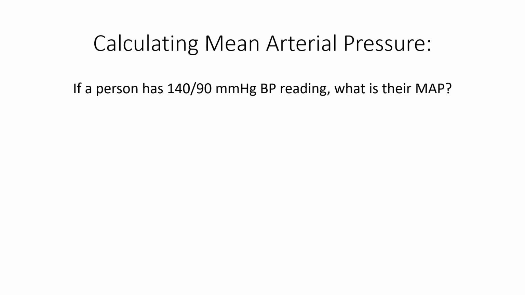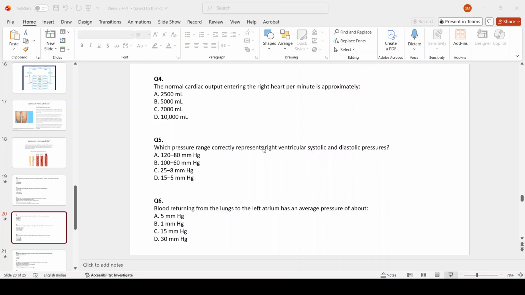So you get 90 into 2, 180, which is your diastolic into 2, plus 140, which is 320. 320 divided by 3 is roughly 106 to 107. Okay, so the correct answer here is 107 mmHg. Right, so now you also know how to calculate the mean arterial pressure.